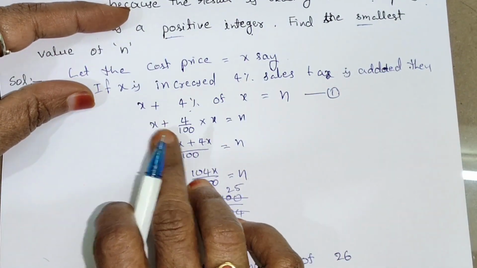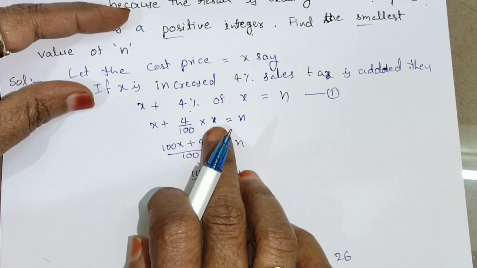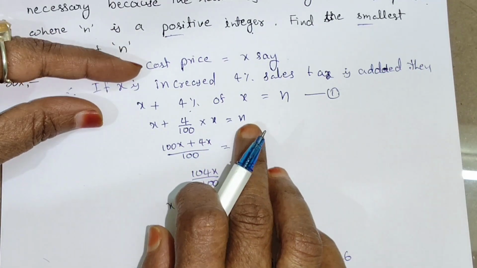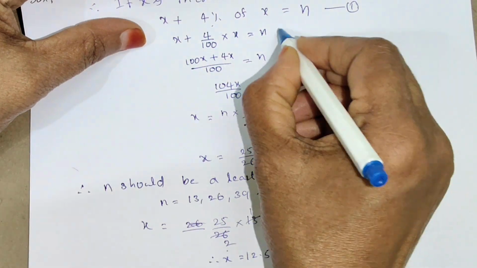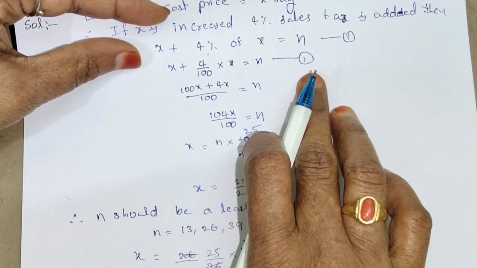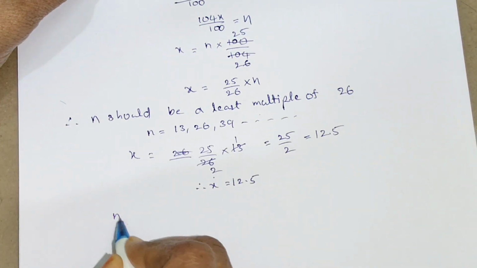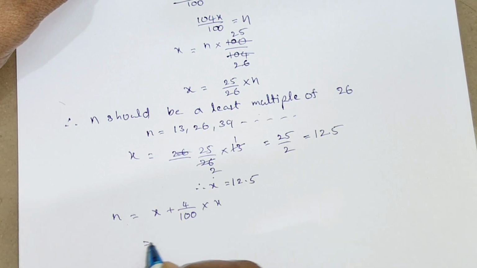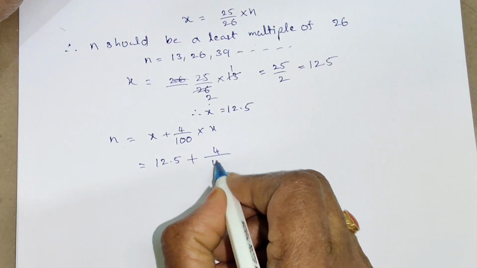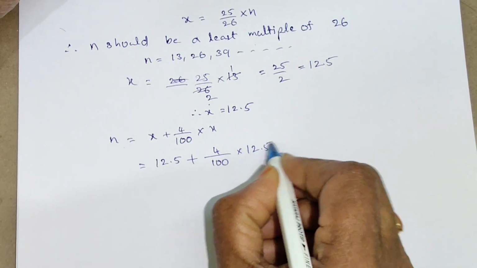Here n is equal to x plus 4 by 100 into x, which is equation 1. Substituting the x value, n equals 12.5 plus 4 by 100 into 12.5.